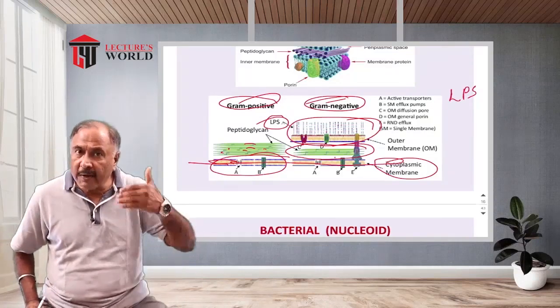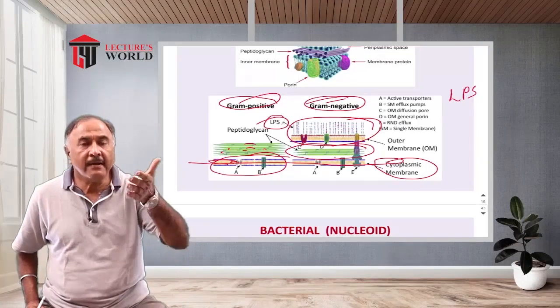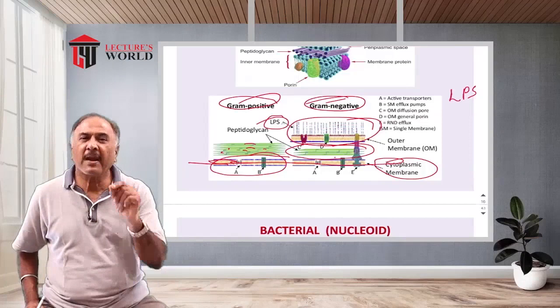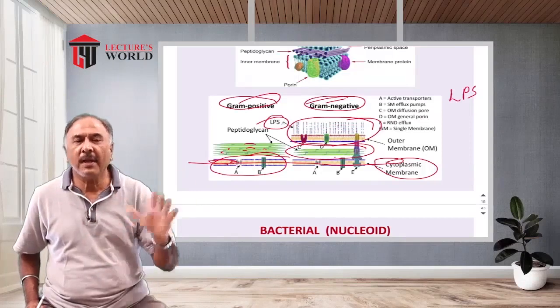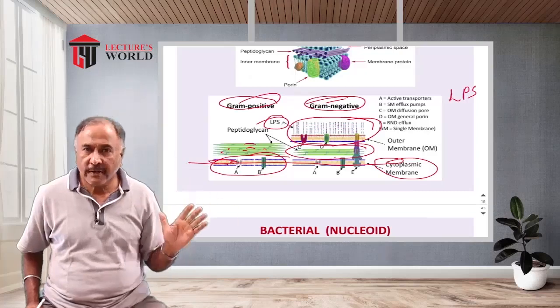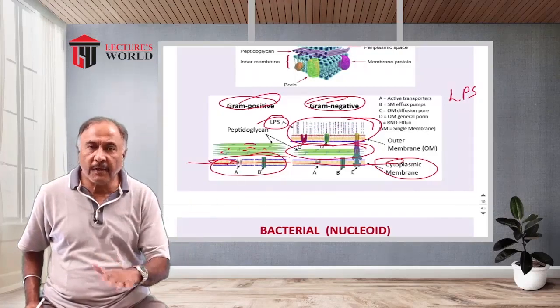So in gram-negative, lipopolysaccharide is the external layer outside, and inside it has peptidoglycan, but this peptidoglycan is thinner compared to gram-positive bacteria. I hope this will be clear.